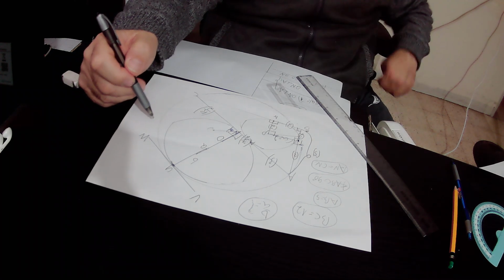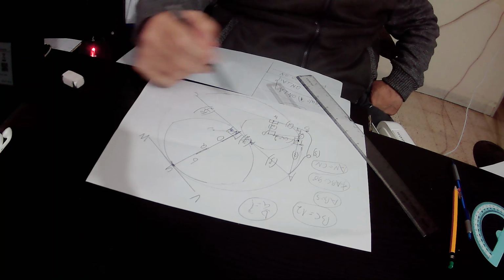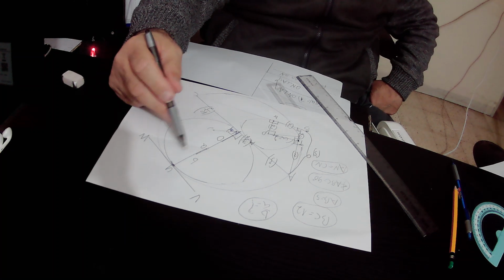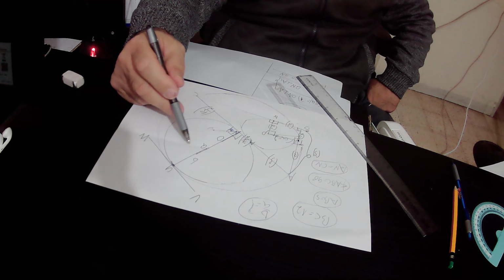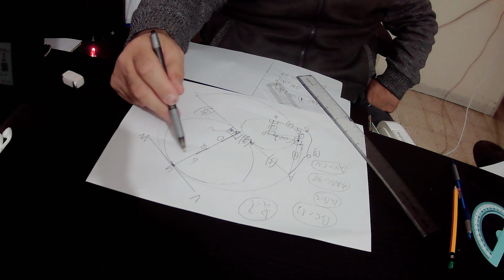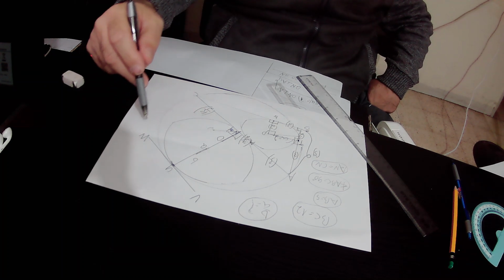So here we have point Q, the center of this circle. Point U is a point on this circle itself, therefore QU is the radius of this circle. The radius QU goes to point U, that is the point of tangency of tangent VW with this circle.